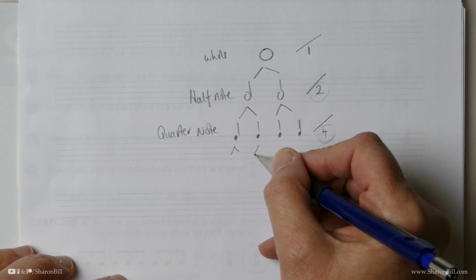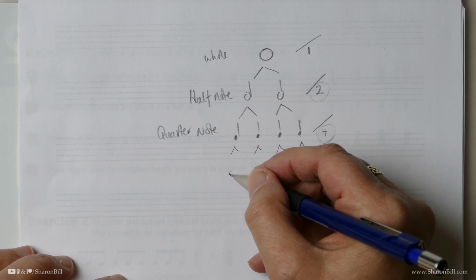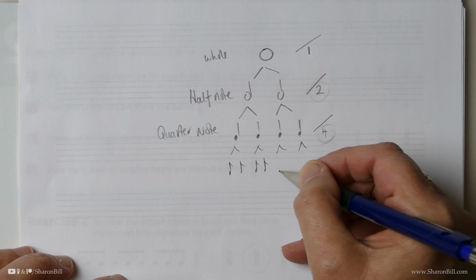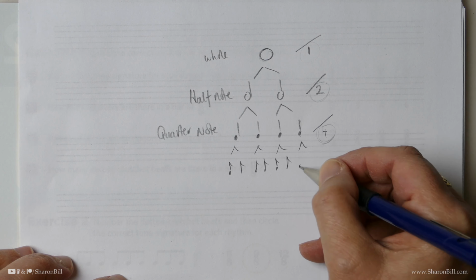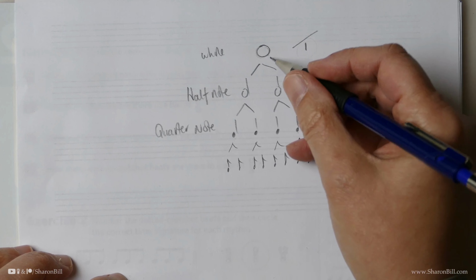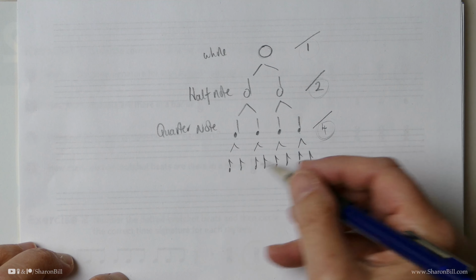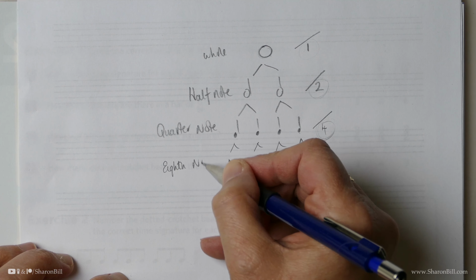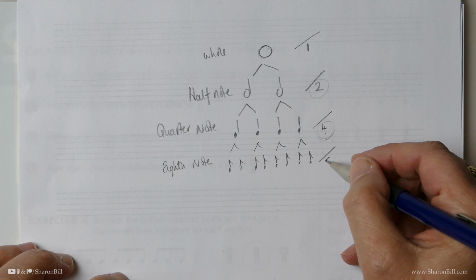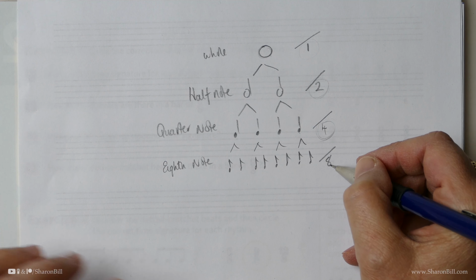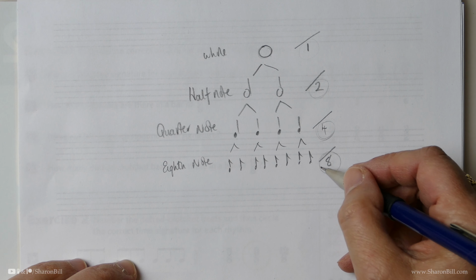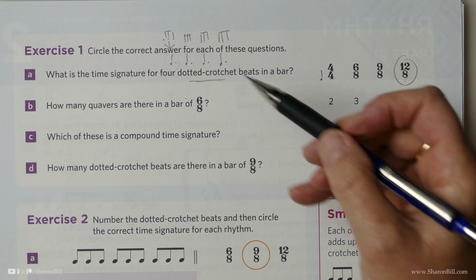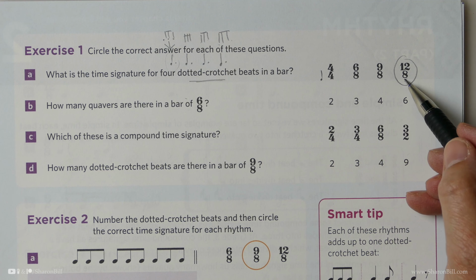And if we divide again, we've now doubled again to have 8 quavers to a semibreve, and so we could call these 8th notes, and so our bottom number, like the fraction, would be over 8. And so our time signature, when the bottom number is 8, we know that we're counting in quaver beats, and so we've got 12 quaver beats.